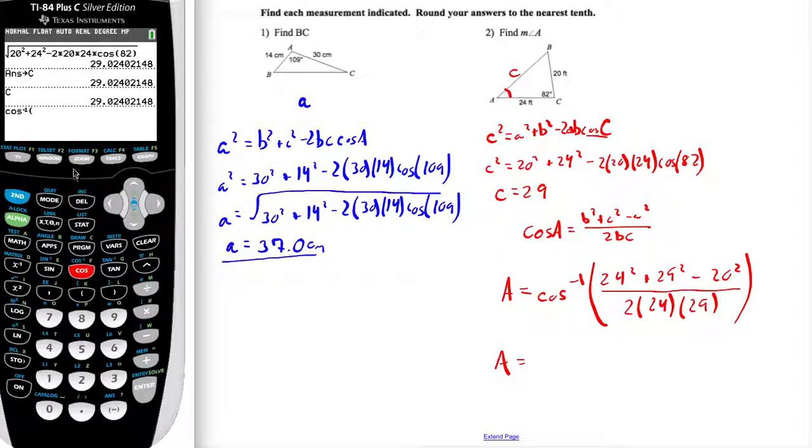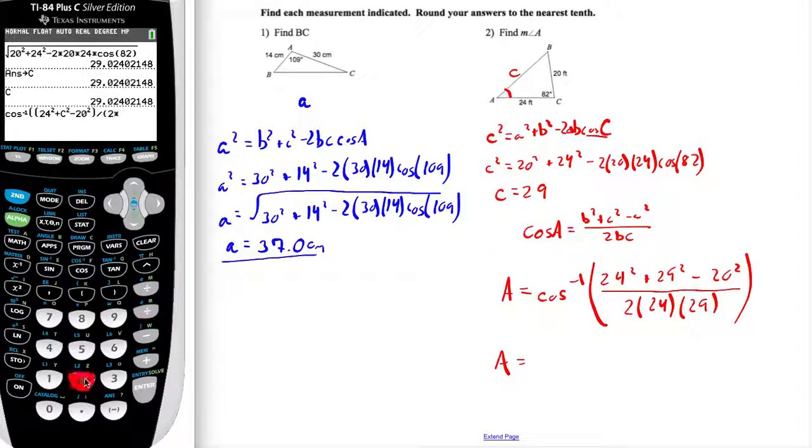So when I plug this in my calculator, I want to make sure I have my numerator in parentheses, so 24 squared plus C squared, because that variable is saved, minus 20 squared. I'm going to close my parentheses, division sign, the denominator in parentheses.